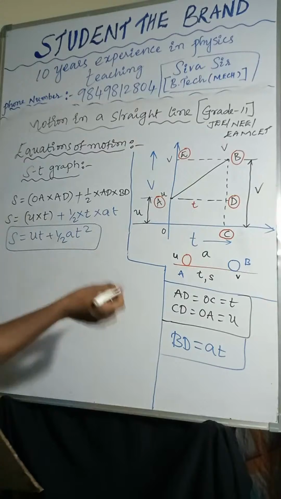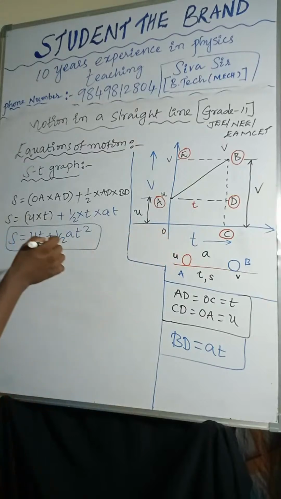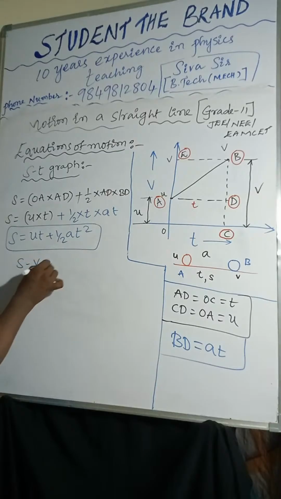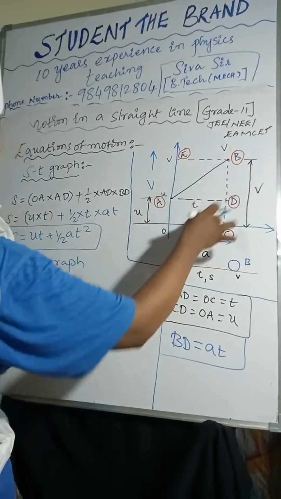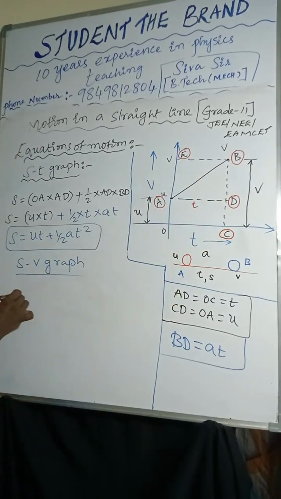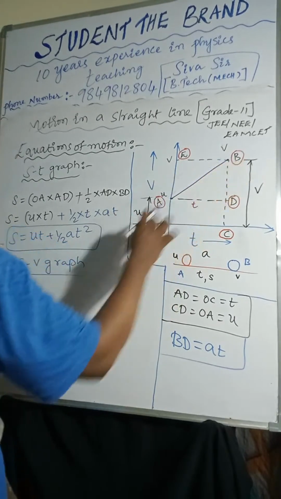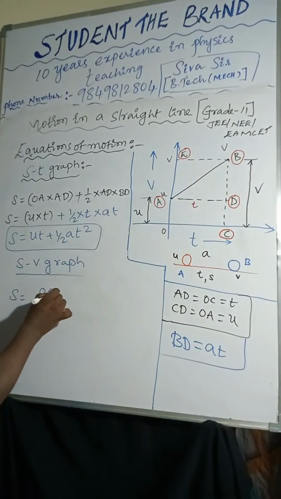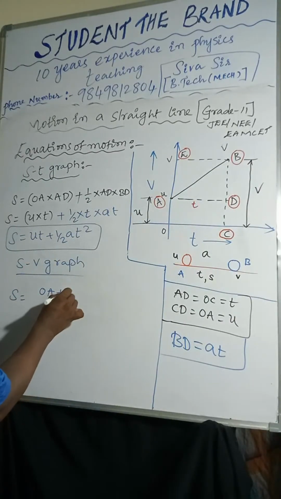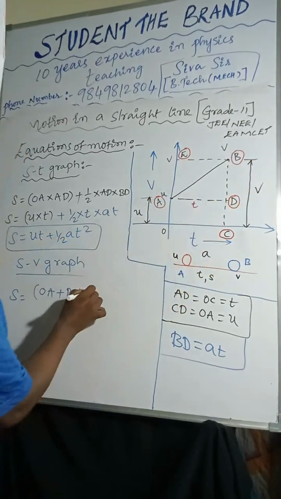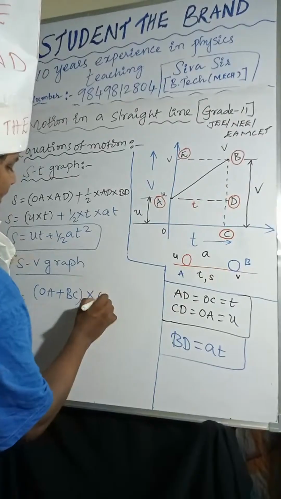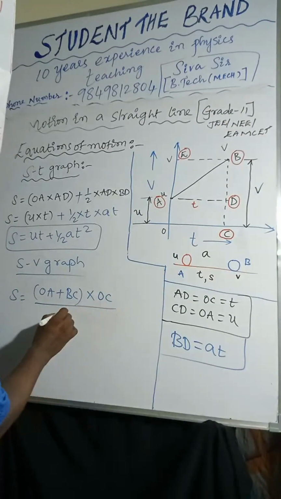Okay, next, the position and velocity graph. From that graph, the area under it is a trapezium. For a trapezium, we add the two parallel sides, OA plus BC, into the base, that is OC, divided by 2.